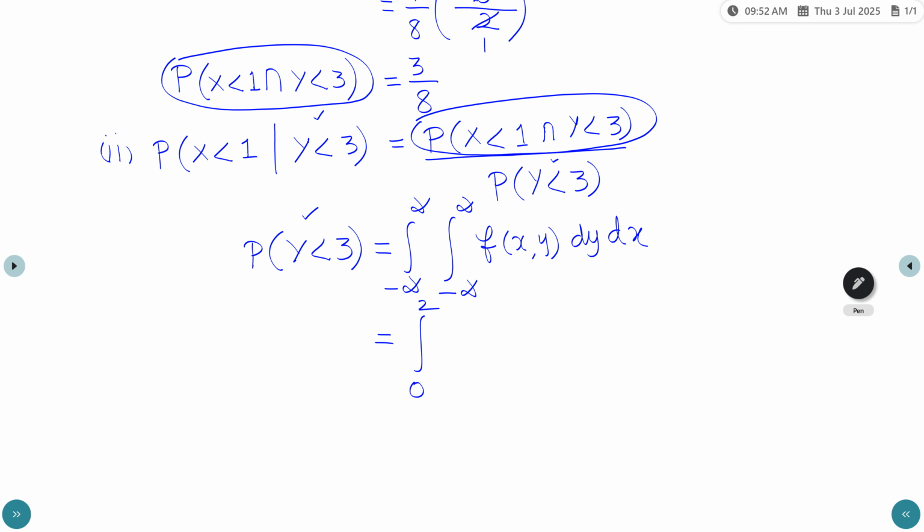So we can directly substitute 0 to 2, the interval given in the problem, and for y, the lower integral value is 2 but the upper integral value they gave is 3. So 2 to 3. The f of x y given in the problem is 1 by 8, 6 minus x minus y dy dx.